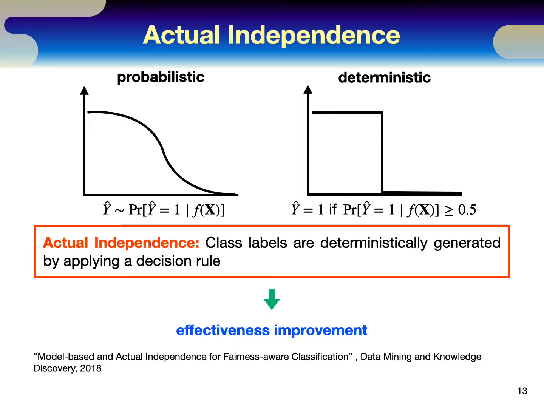We investigated its cause and noticed the fact that class labels are not generated probabilistically, but deterministically generated by applying a decision rule. By taking this fact into account, the performance was drastically improved.